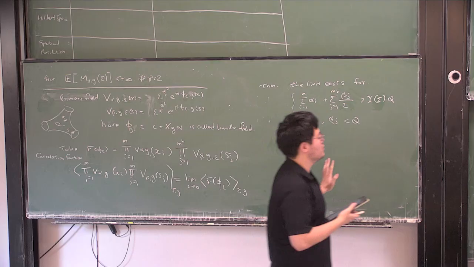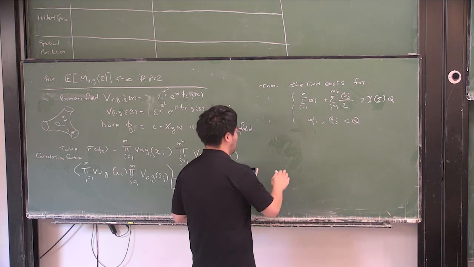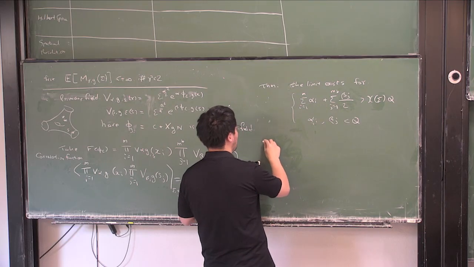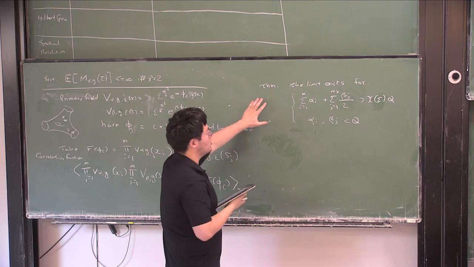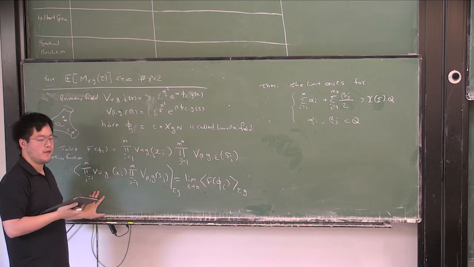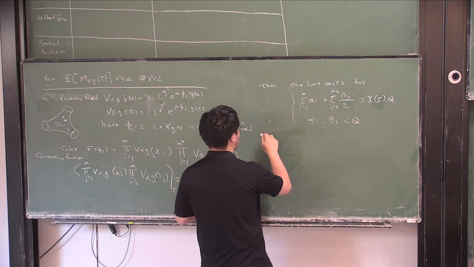Now I have explained the construction of the boundary Liouville CFT, and the next goal is to compute all these correlation functions using the bootstrap method. The first step is to compute the structure constant.